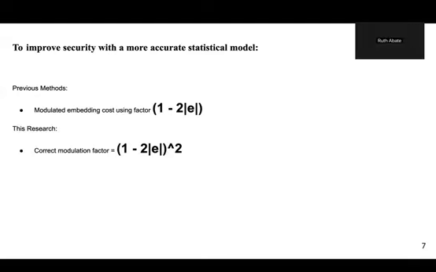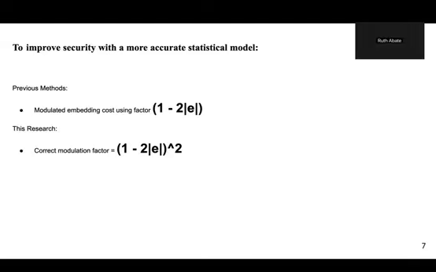By using (1 minus 2e) to the power of 2, the authors ensure that the embedding process minimizes the detectability of change. To put it simply, (1 minus 2e) to the power of 2 is a more accurate way to modulate the embedding cost because it better reflects the statistical impact of changing a pixel value.